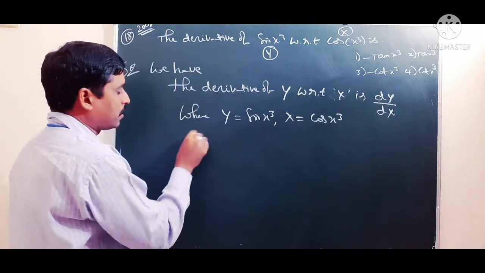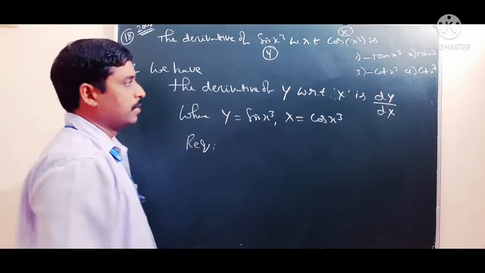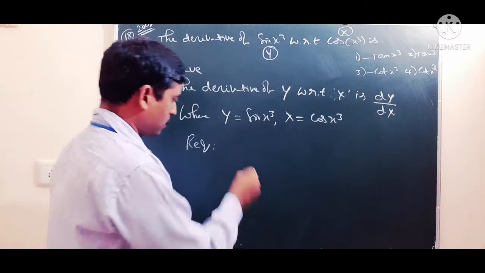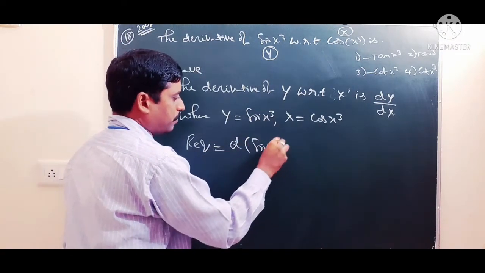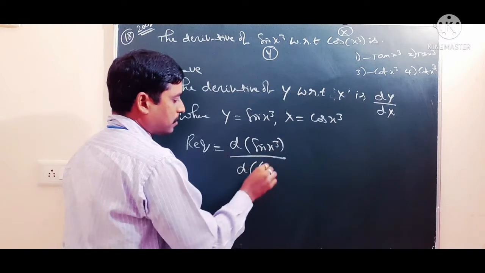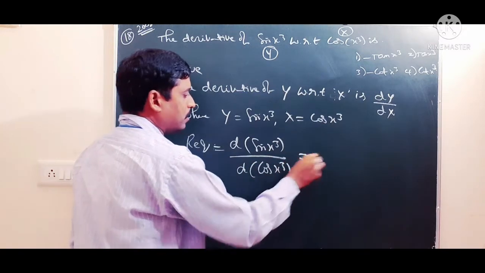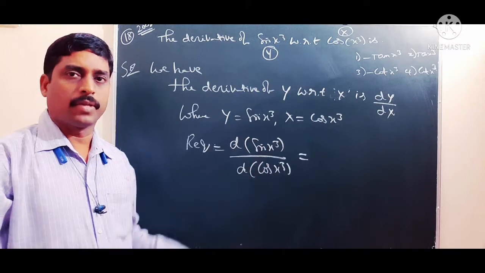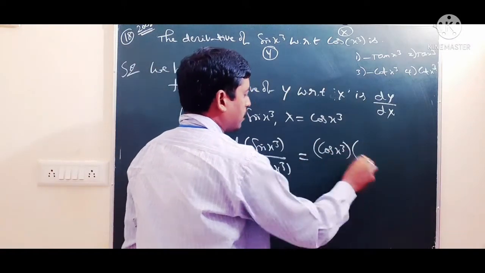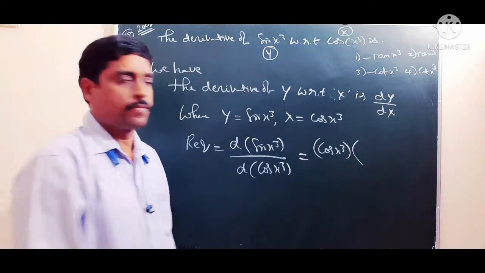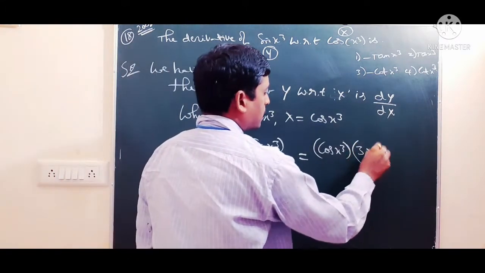So what is required? dy by dx: the derivative of the y value sin x cube, over the derivative of x, cos x cube. The derivative of sine is cos x cube into the derivative of x cube, which is 3x square.